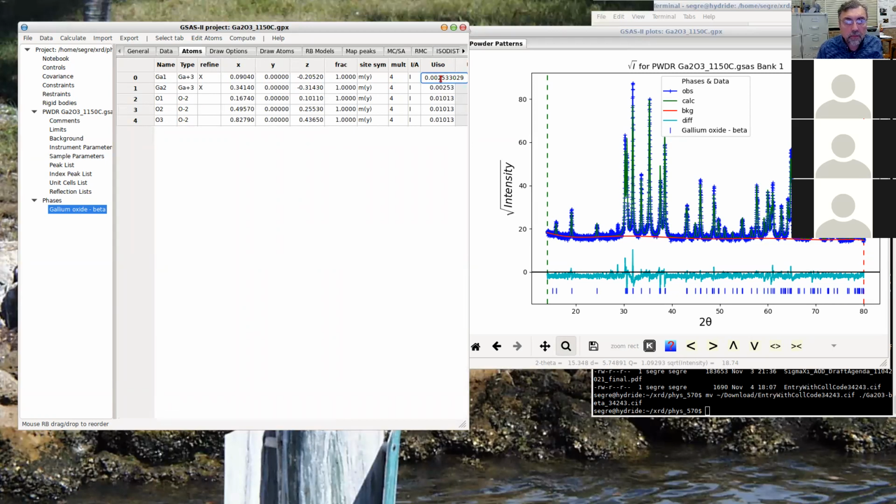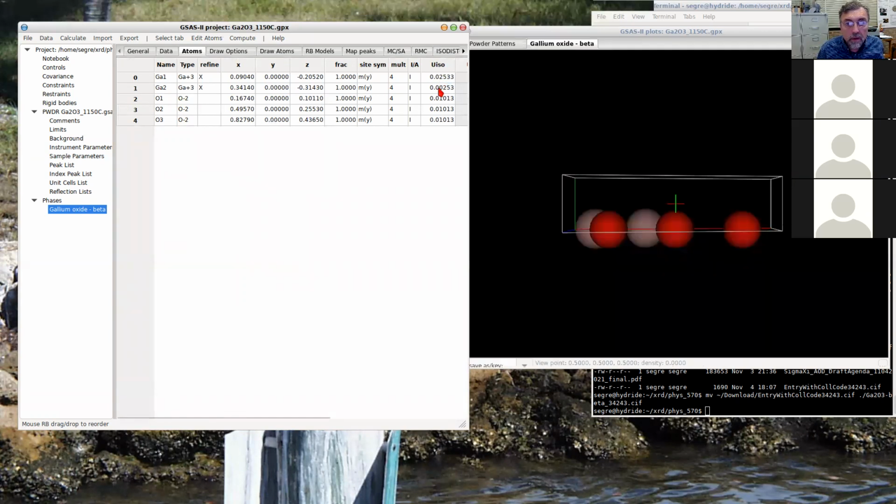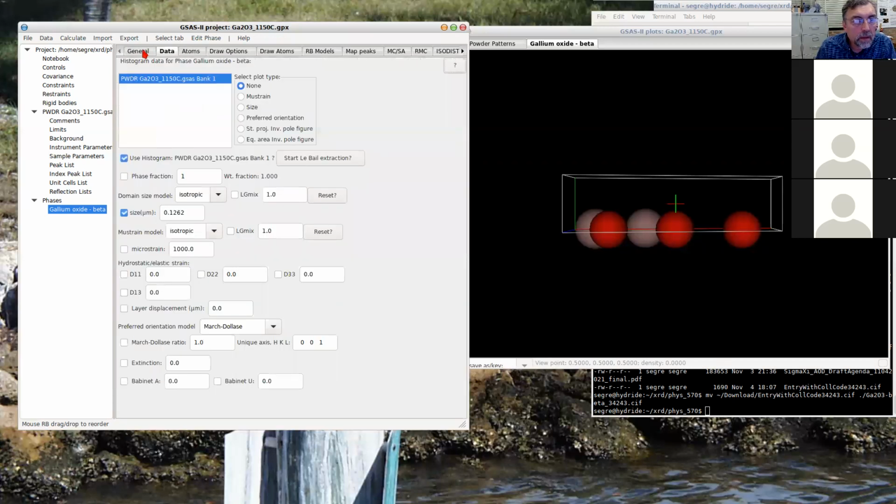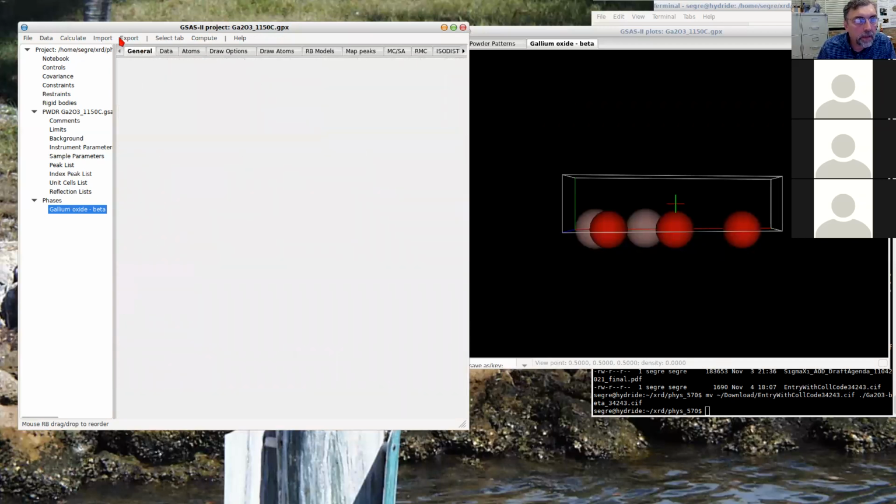So I'm going to cut this back by 1 decimal place. This is probably fine. This is fine. Actually, this could be a little bit bigger, but I'm just going to leave it like this. And now I'm going to refine again.